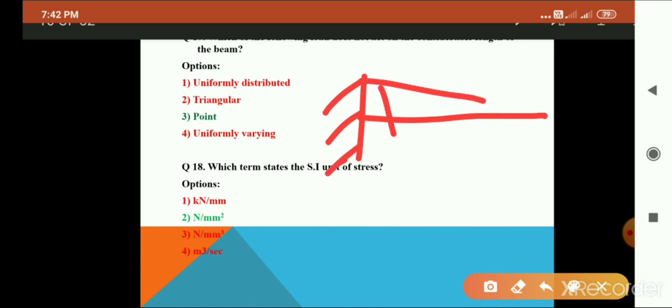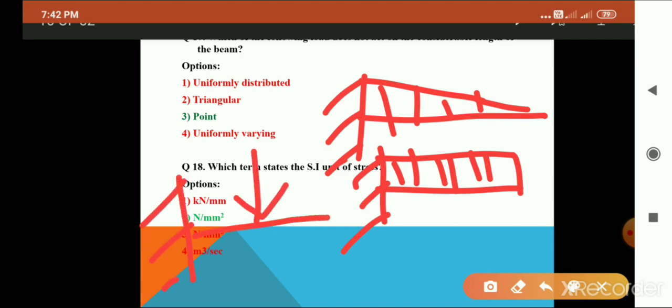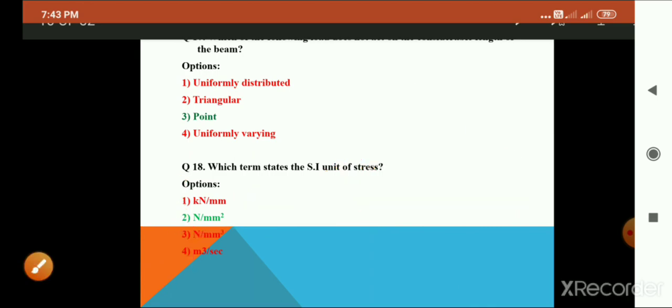There is a uniformly varying load, which is triangular, and a uniformly distributed load, which is rectangular. But in the case of a point load, the load will act only on a point of the beam. So the correct answer here is the point load.